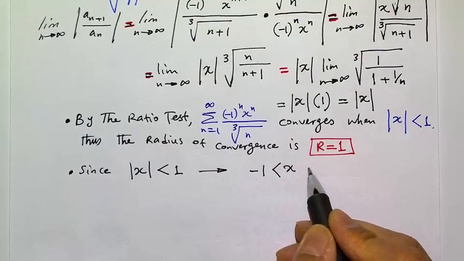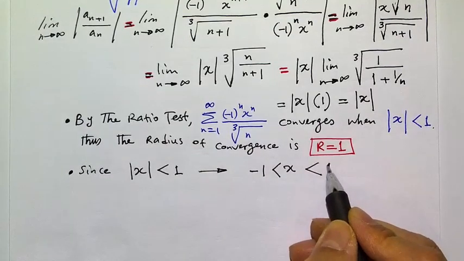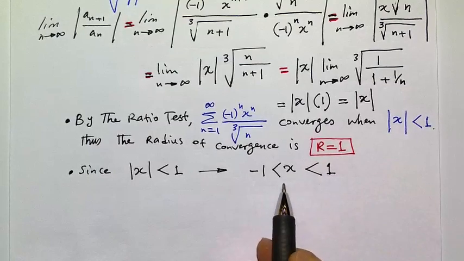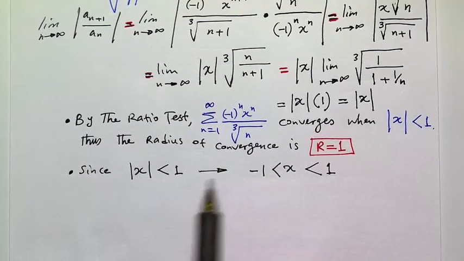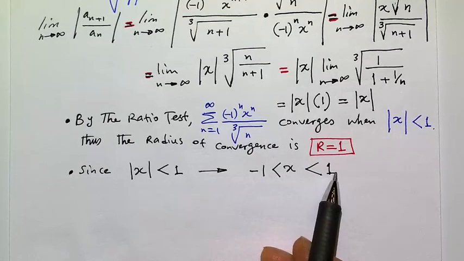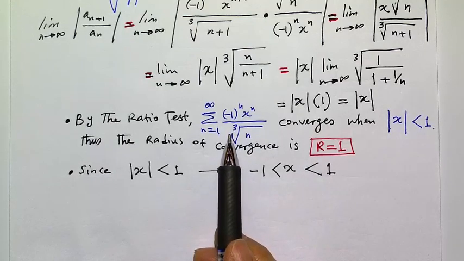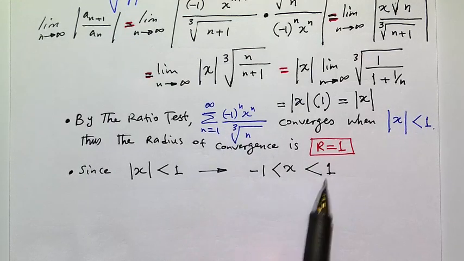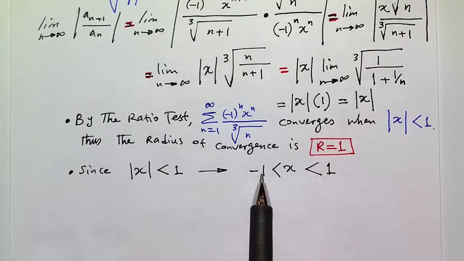This is our interval of convergence that we have to investigate at endpoints. So we know that between -1 and 1, the series converges. But we don't know anything about the endpoints yet.